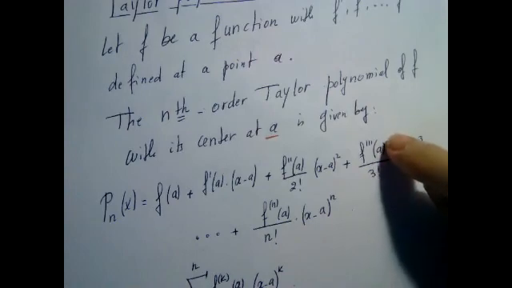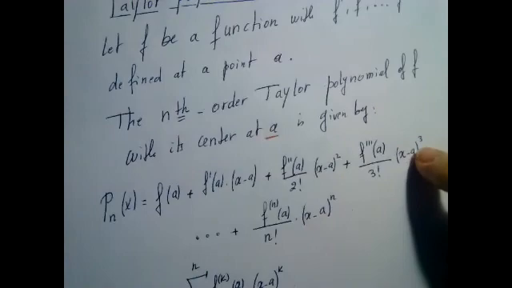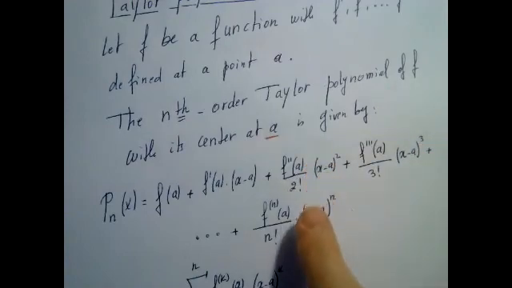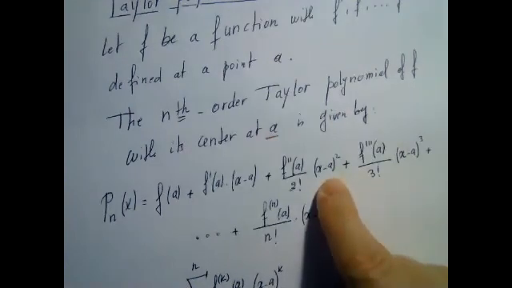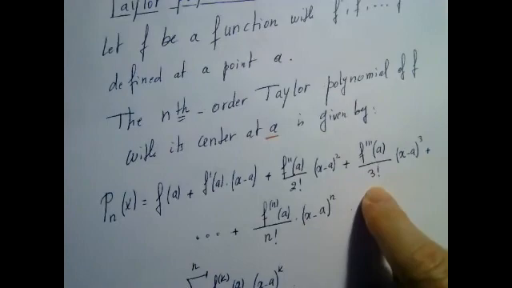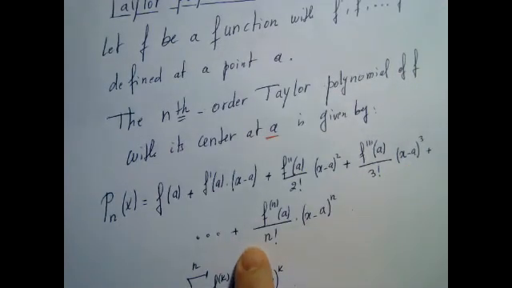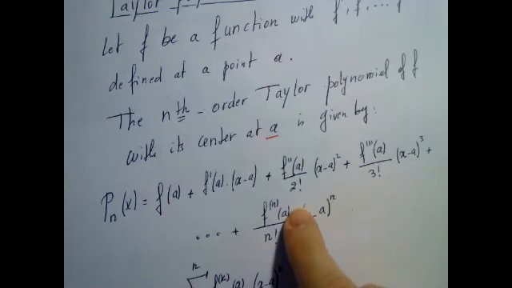So it's the third derivative divided by 3 factorial, x minus A to the power 3. So that's really what the pattern is. The second derivative over 2 factorial, x minus A squared, the third derivative at A over 3 factorial, x minus A to the power 3, plus etc. The nth derivative at A over n factorial, x minus A to the power n.